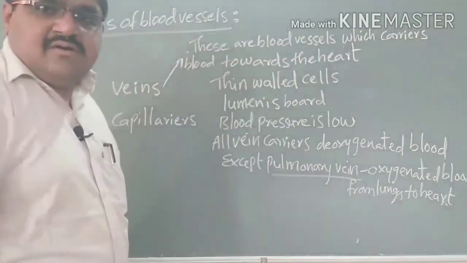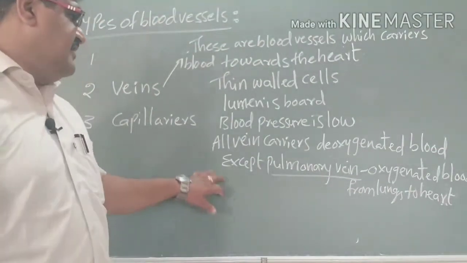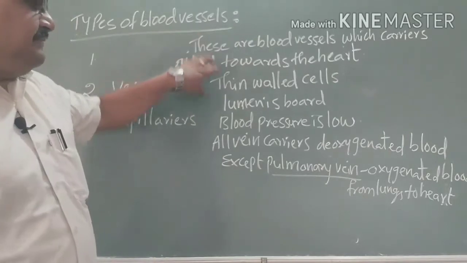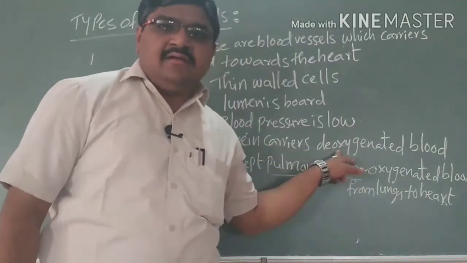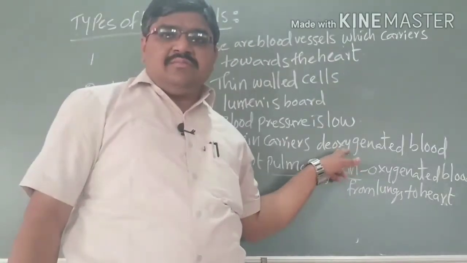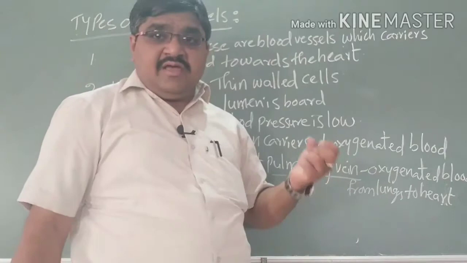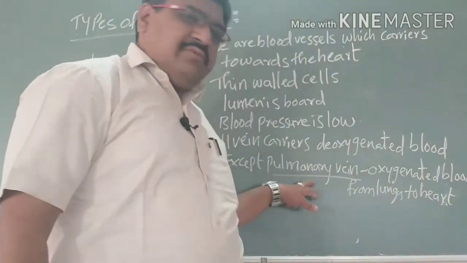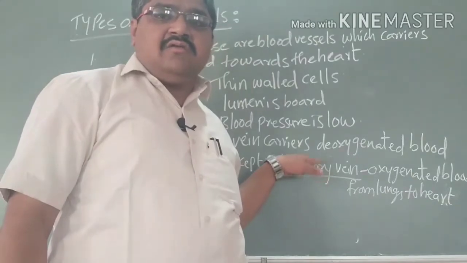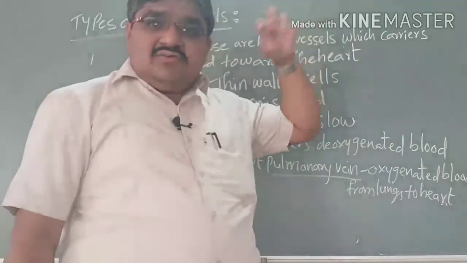Such blood vessels are called the veins. All veins carry deoxygenated blood. That means they collect deoxygenated blood from different parts of the body and bring it towards the heart. Except the pulmonary vein, which carries oxygenated blood from the lungs to the heart.